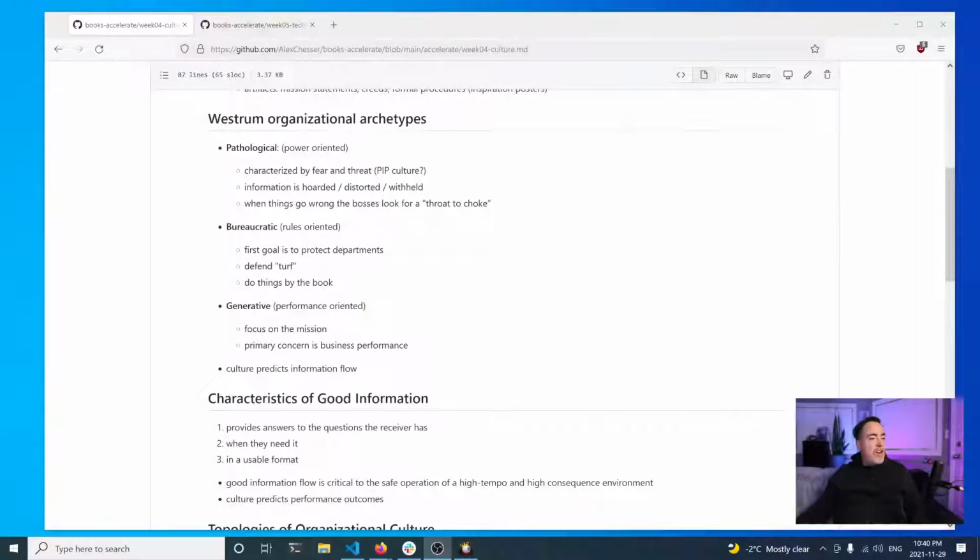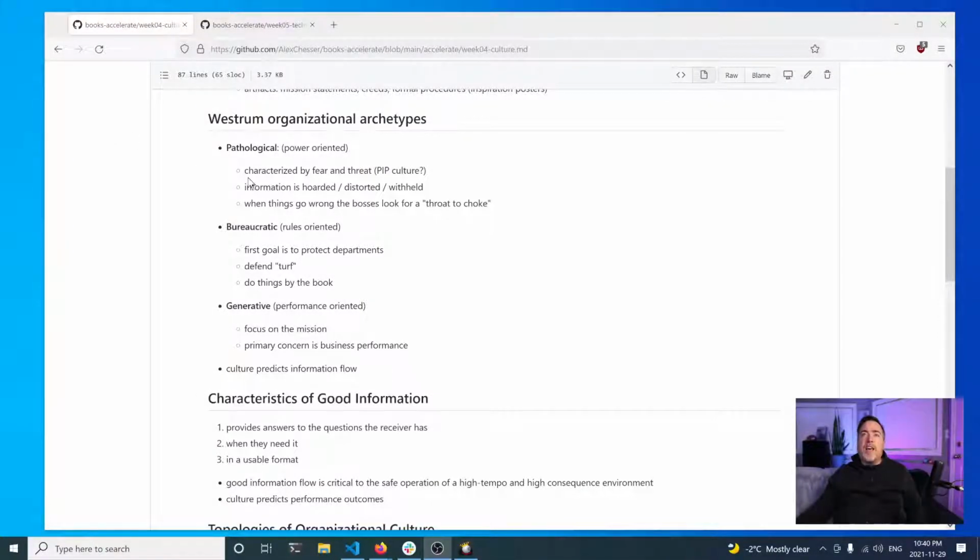They range from pathological organizations, which are very power oriented. Then we've got bureaucratic organizations, where they are very rules oriented. And then finally, we have one called a generative organization, which is something that you would consider to be performance oriented. And so let's bring up, that's the first list right here.